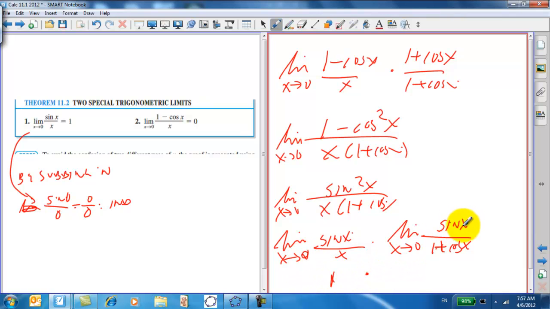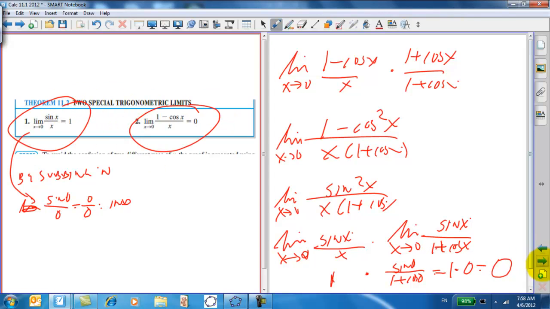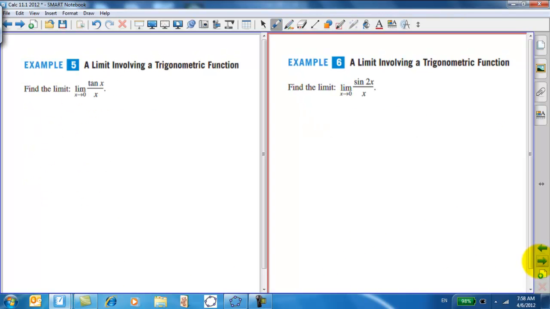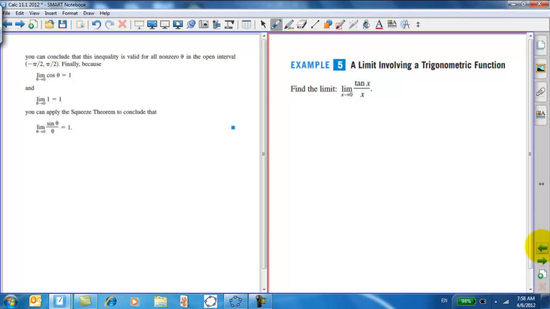This will be sine of 0 over 1 plus cosine of 0, which is 0. And 1 times 0 is 0. Okay, so just know these two limits and apply them, and we'll practice applying them now. Again, you're not responsible for the proof. I just want you to see how our work with the squeeze theorem ties into the proof.